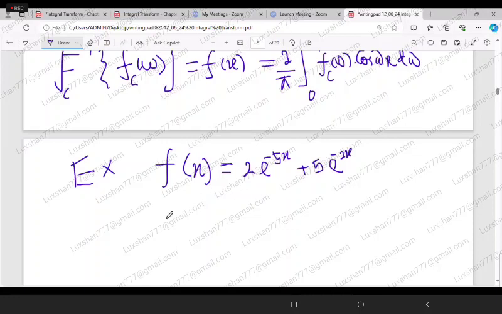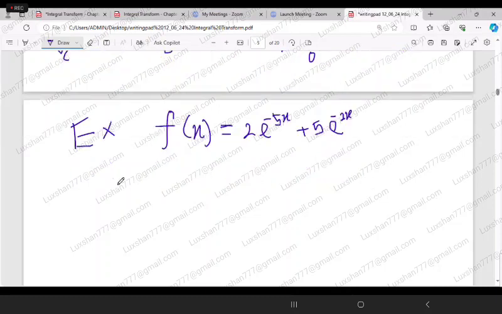Anyway, since they are asking us to find the sine transform and cosine transform, we don't need to worry about the domain. Actually, it is defined for the 0 to infinity domain, only for the half line. But here they are asking, therefore we'll assume that it satisfies that condition.